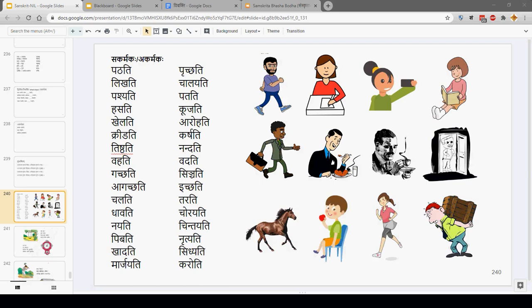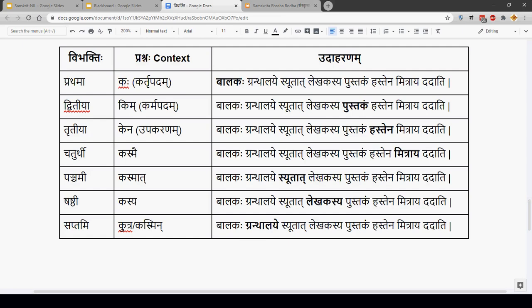The same thing: where is he playing? Suppose he is playing with the ball in the house. Look at this example again, where is fitting here, right? Granthalaye. Now, what is the word for house or home in Sanskritam? Gruham.